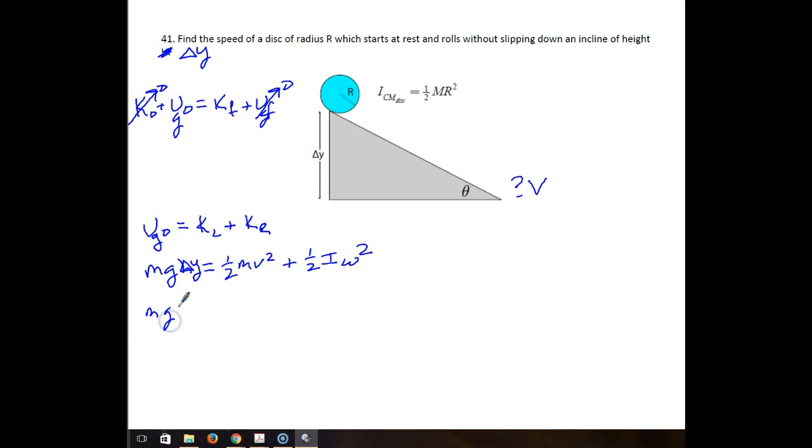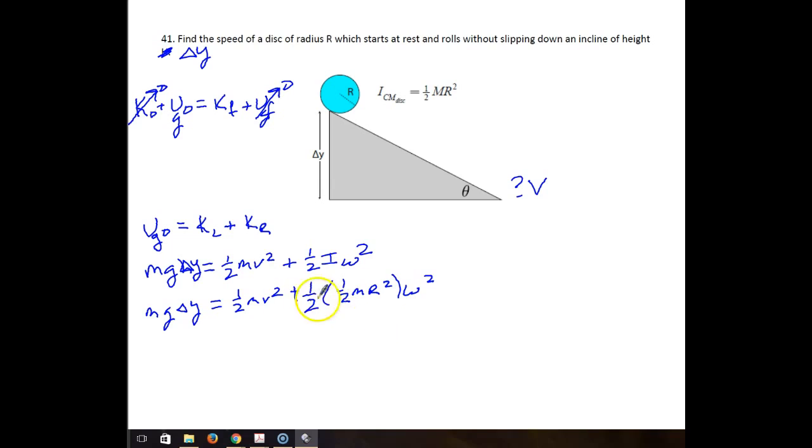We can put these in again: mg delta y is equal to 1/2 mv squared plus, for this disk, the rotational inertia around the center of mass, that's all that means, is 1/2 mr squared, and then we multiply that times our omega squared.